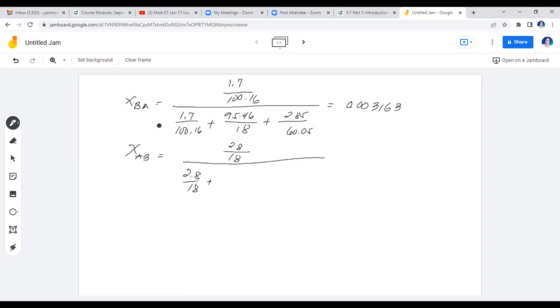And then after that, you will have to consider the presence of the acetic acid. You divide it by the molecular weight of the acetic acid. And last would be the MIBK, which is 95.33. Need to divide it by 100.16. Okay, that's the mole fraction of A in the B layer.